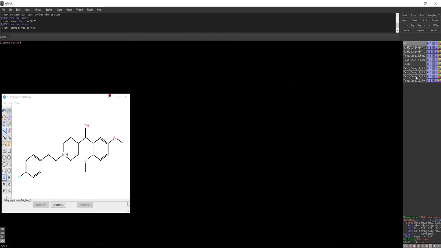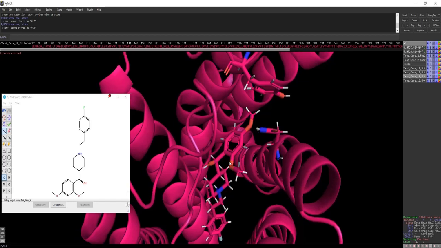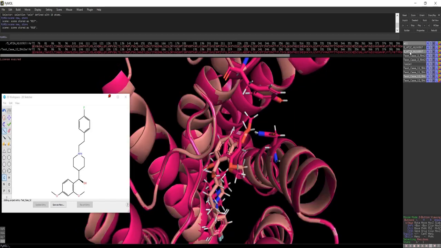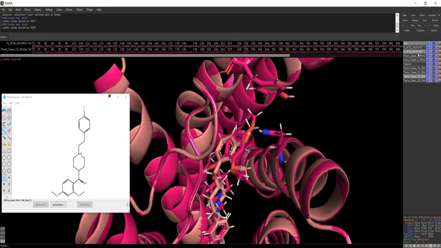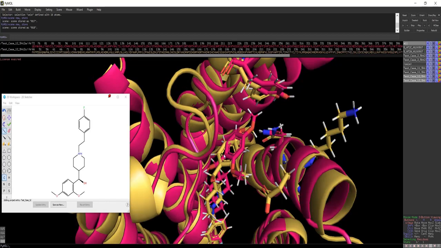So if I get rid of these two and I now change it here, so now you have a 2,4-methoxy. You can see in the 2A docked structure, it's relatively similar to what you had previously in the 2,3 docked structure. However, in the case of 5-HT2C, it now docks identical to 5-HT2A.